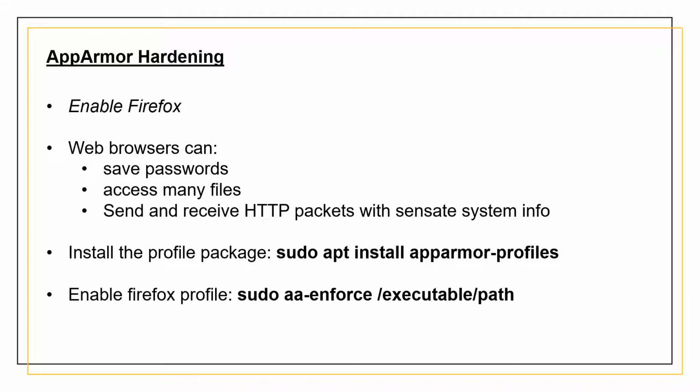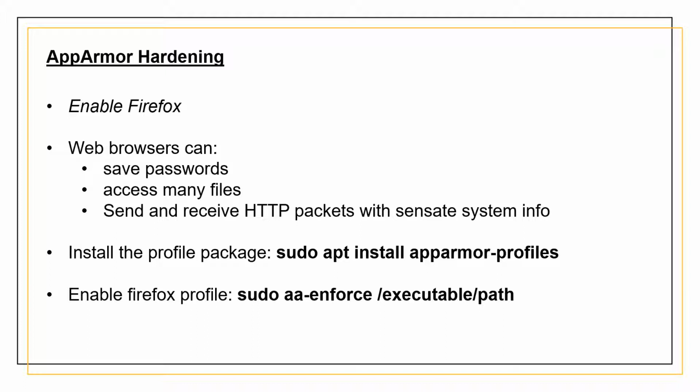And the good news is that Firefox already has a profile created that you just need to install, and you can install it from the profile package using this command, sudo apt install apparmor-profiles.